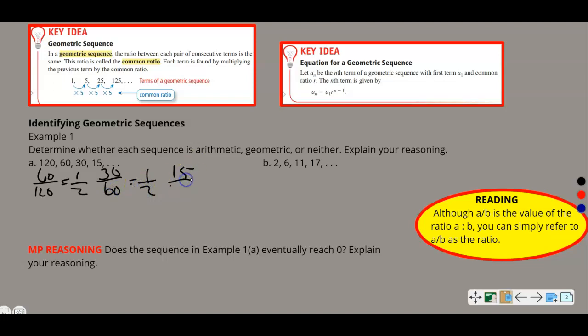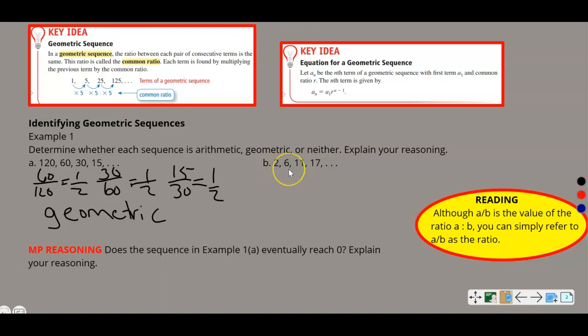And 15 divided by 30 also equals 1/2. So you can see that there is a common ratio here, which means this is a geometric sequence.